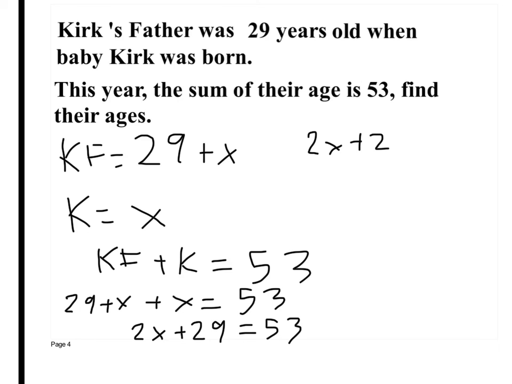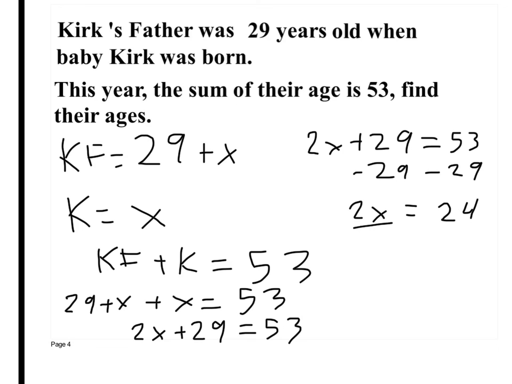So we're going to subtract 29 from both sides, which gives me 24. Then I divide both sides by 2. So x is what? 12. So who is that? Kirk or Kirk's father?